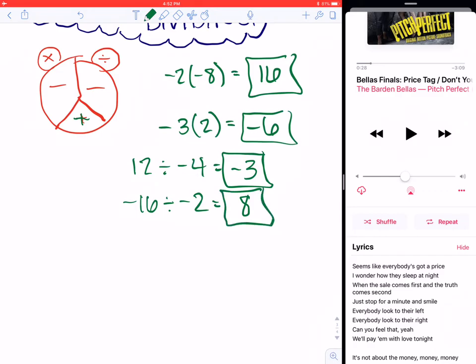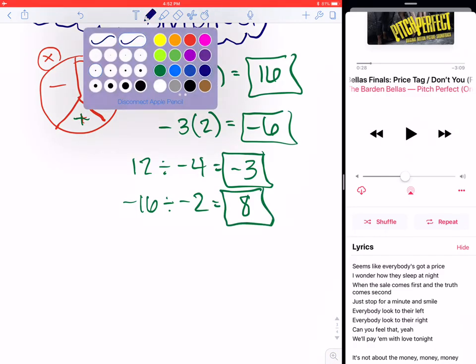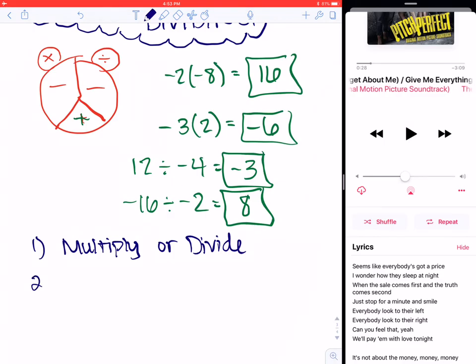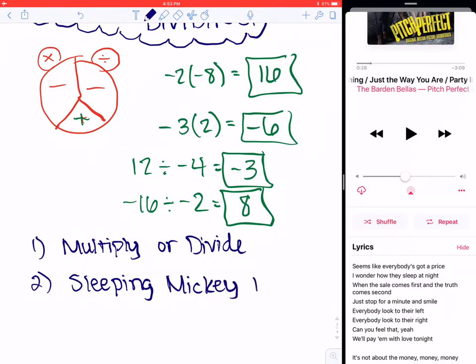So simply start by multiplying or dividing, and then we're going to use Sleeping Mickey to determine our sign.